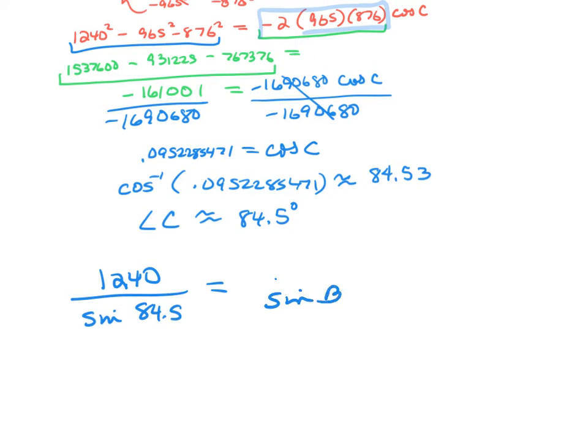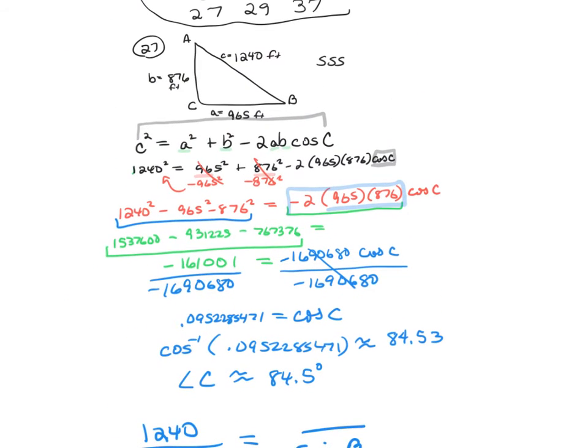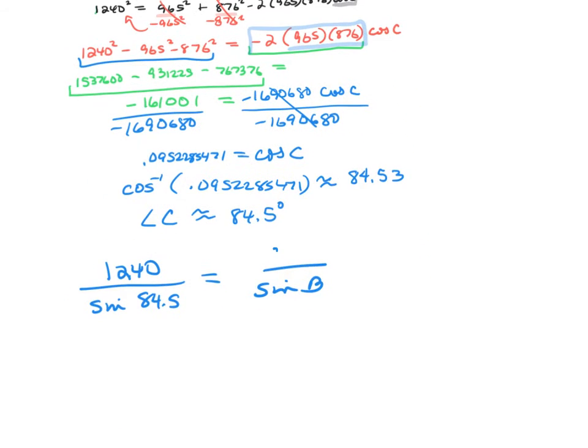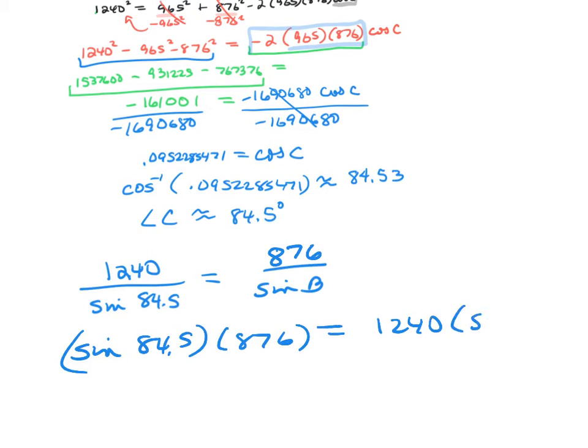So sine B, and the side across from little b is 876. Now I'm going to cross multiply and divide. So sine 84.5 times 876 equals 1240 sine B. Divide by 1240.